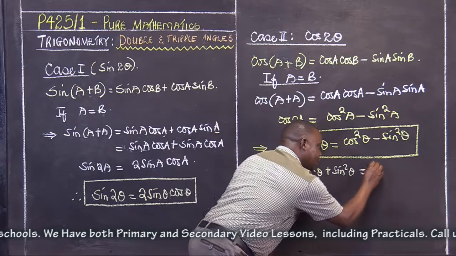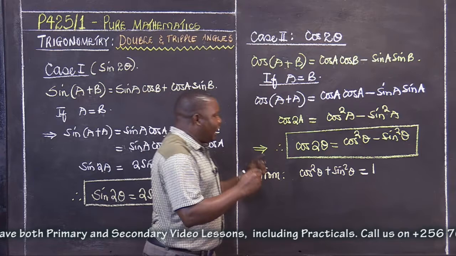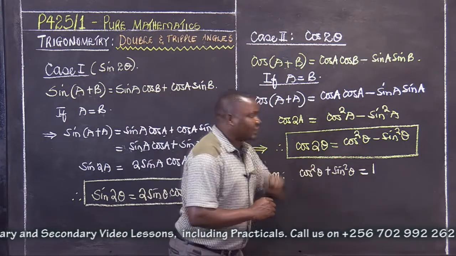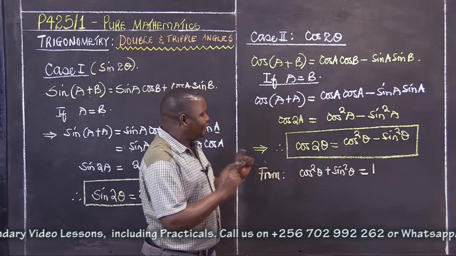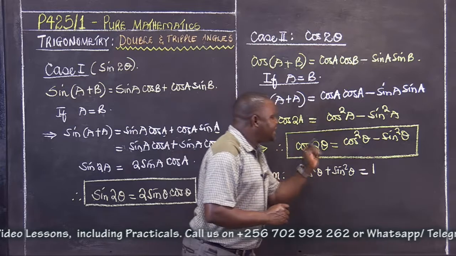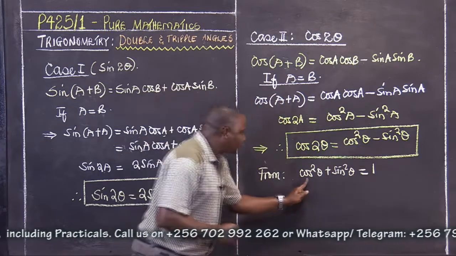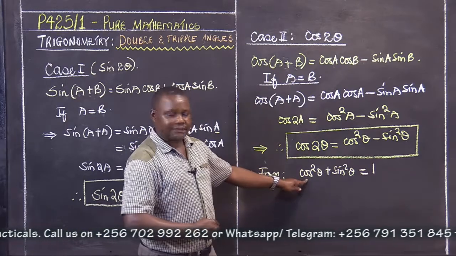So we have 1 around here. We know this identity very well. Now listen. We want to first and foremost eliminate cos squared theta. Our cos 2 theta is going to be left like that, but we want to eliminate cos squared theta. Obviously, you're going to make cos squared theta the subject.